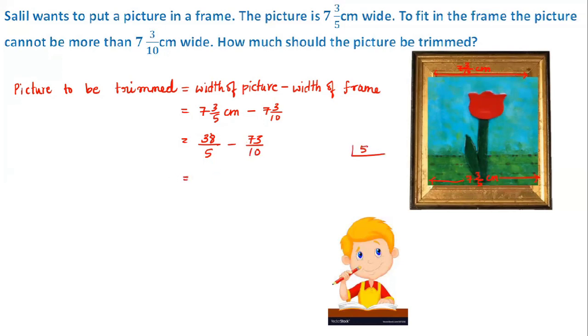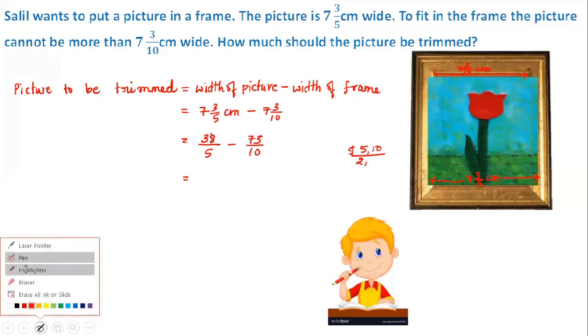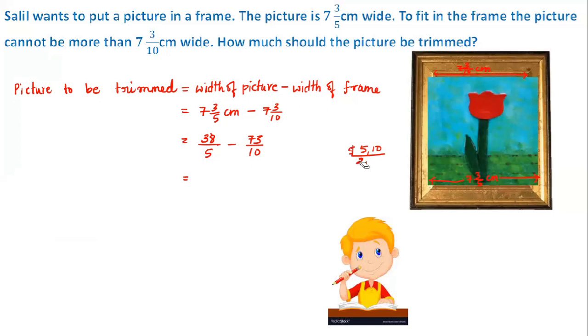Now the LCM of 5 and 10: 5 1s are 5, 5 2s are 10. So the LCM is 5 into 2, that is 10. To make the denominator 10, we have to multiply by 2.